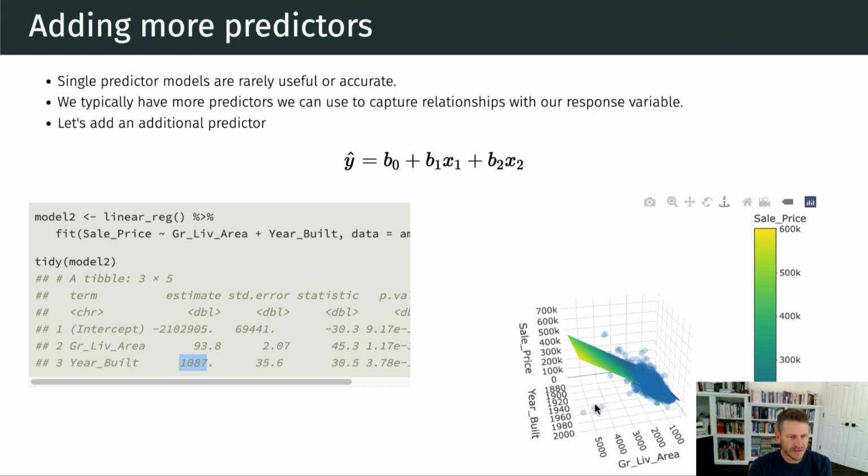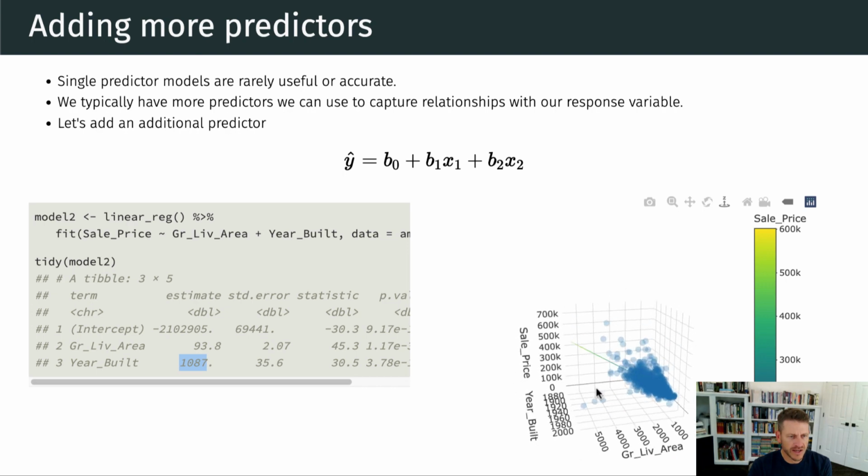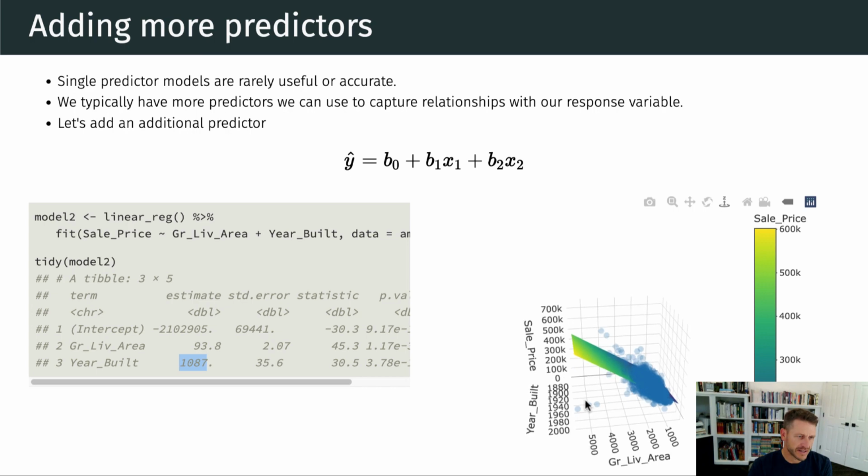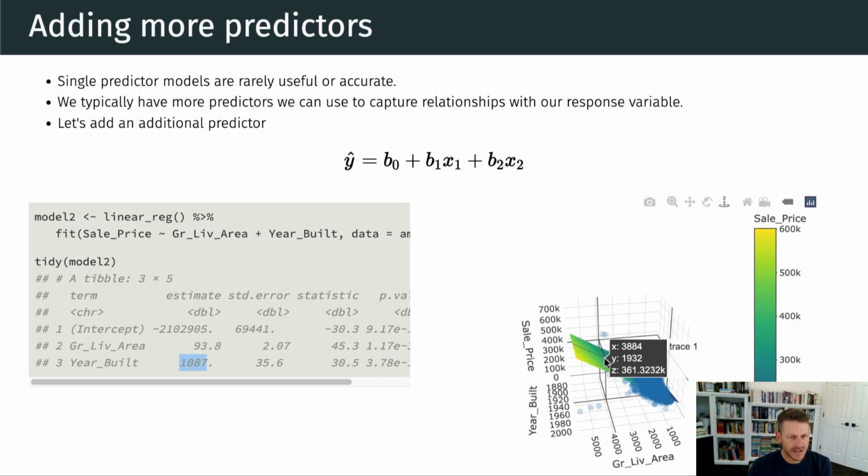So now we can move this around and we can see that we actually have a three-dimensional plane here. And that is our estimate. That is what this equation is actually giving us, right? So we could move along this plane and we get different sale price predictions based off of the value for the year the home was built and also the square footage of that home.